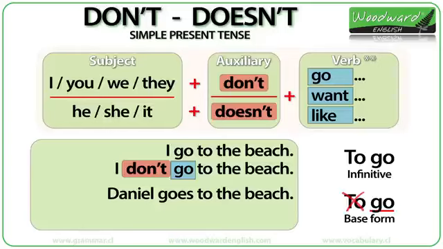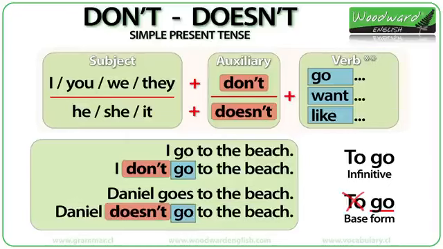Goes is used with he, she, or it. Daniel is he. How can I change this to a negative sentence? Daniel doesn't go to the beach. Go, because it is the base form of the infinitive.